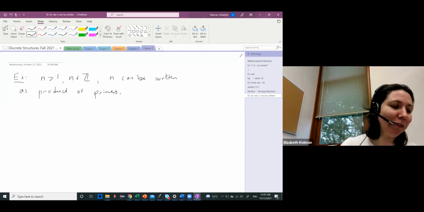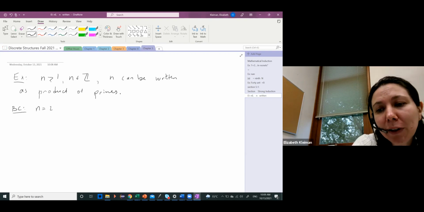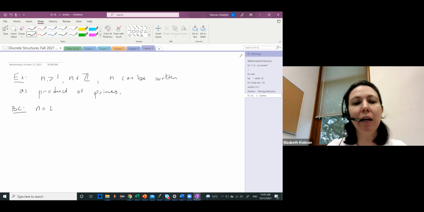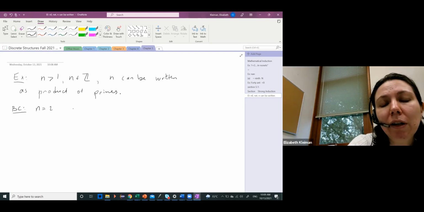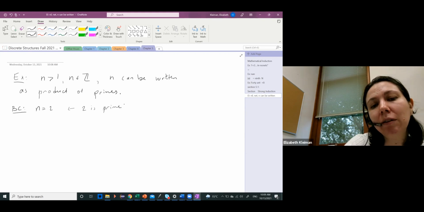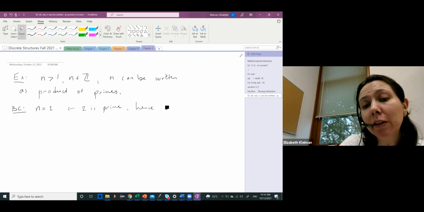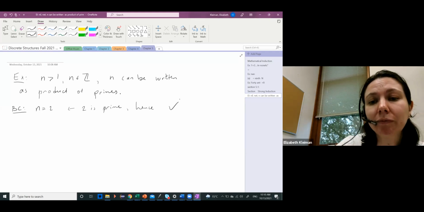Okay, let's prove it. So the base case is going to be n equal to 2. See, I do not have an equality sign here because we generally do not consider one being prime. Okay, so n is 2. So 2 is prime. Hence it works, correct? This is a representation using the primes, correct? Yay.